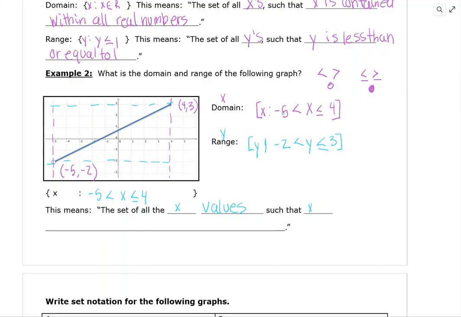So x has to be greater than -5 but it also has to be smaller than or equal to 4.